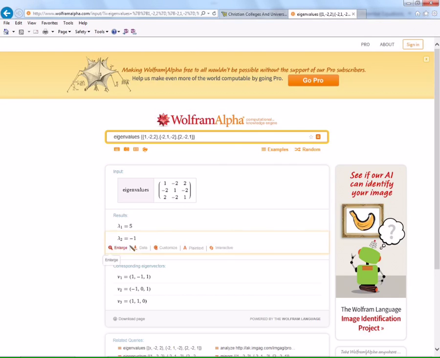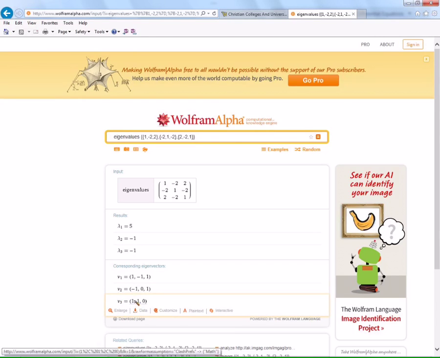I get lambda 1 is 5 with corresponding eigenvector 1, -1, 1, and then I get a repeated eigenvalue, right? Eigenvalue -1 is repeated, so it's got multiplicity 2, and if I look down here, I've got an eigenvector for it twice. In a moment, I'll show you an example of what it looks like in Wolfram Alpha if it's repeated.